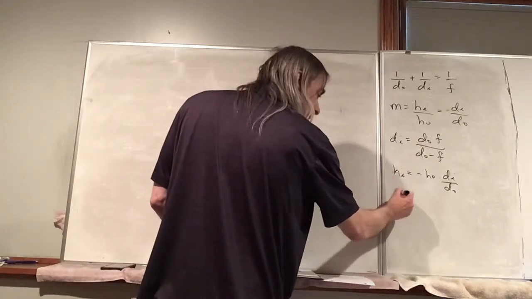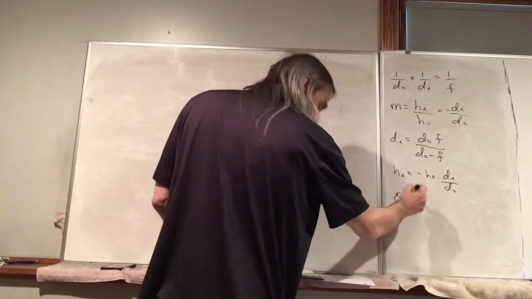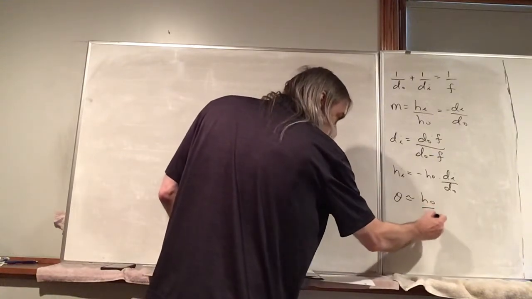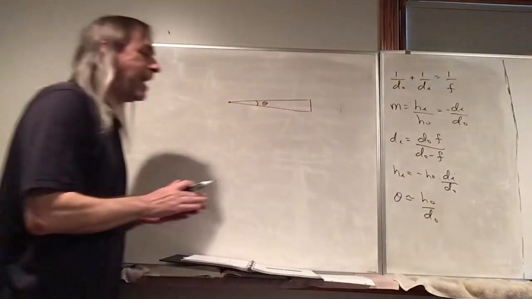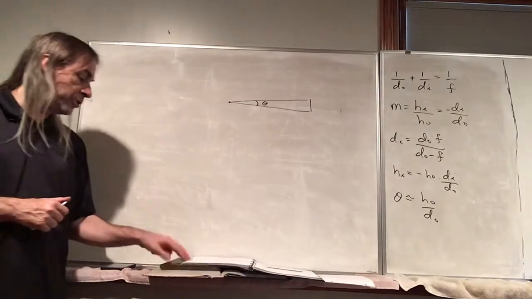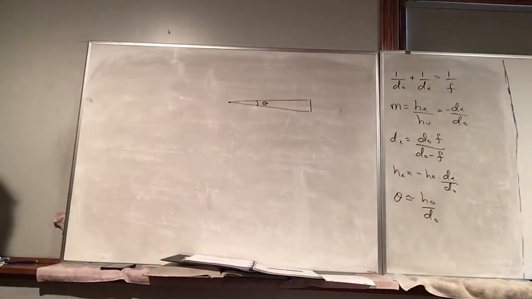I'm going to write this down. It's a bit of an approximation, but it's the height of the object divided by the distance to the object. And so we can examine magnification for different objects. Let's just go through the two suggested problems, though.